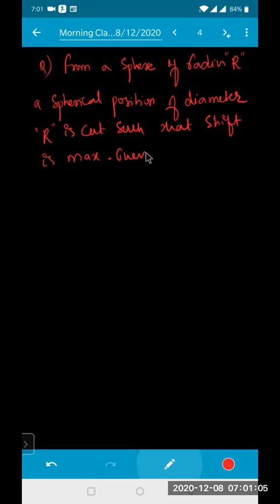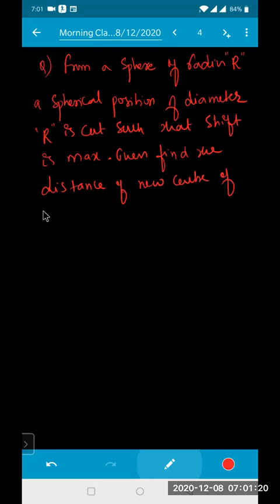Then find the distance of the new center of mass from the center of the big sphere. Okay, so read the question once again.